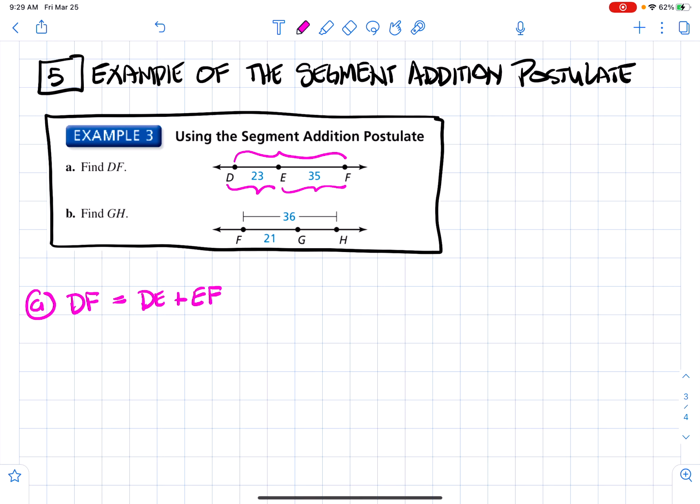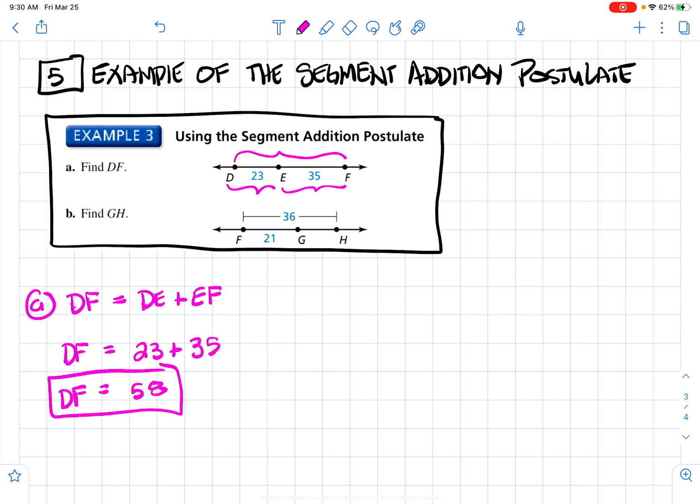So pretty standard. DF is equal to, the length of DE we're given is 23, and the length of EF is 35. So DF is nothing more than 23 plus 35, which happens to be 58. Okay, so there's part A.